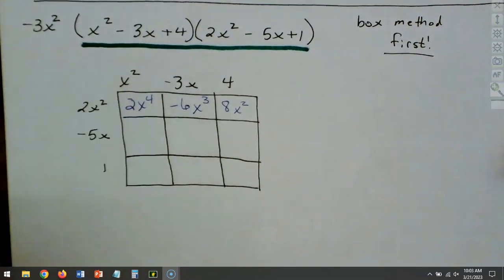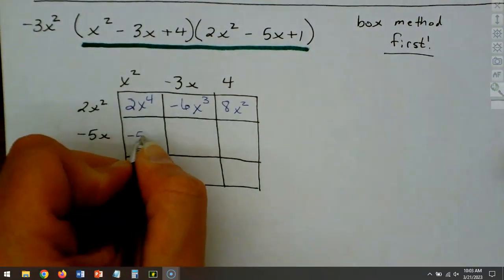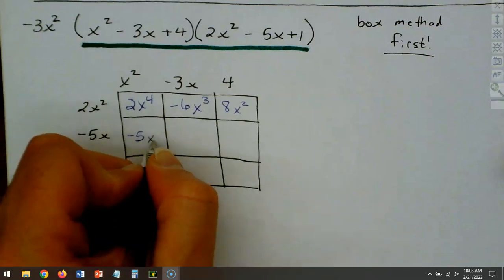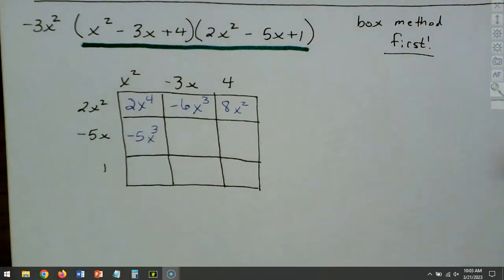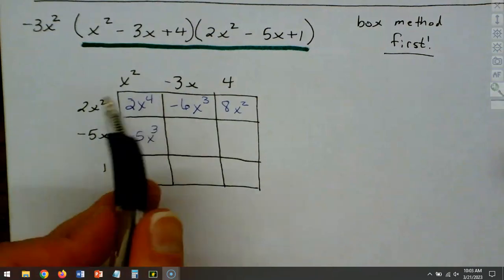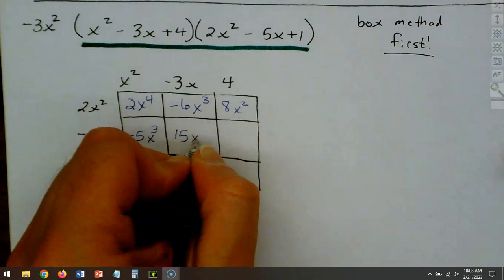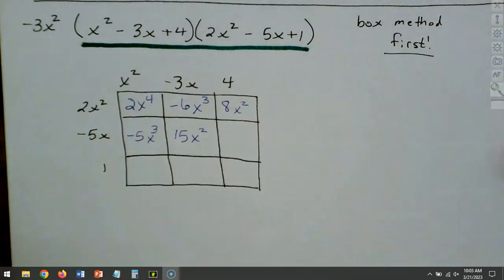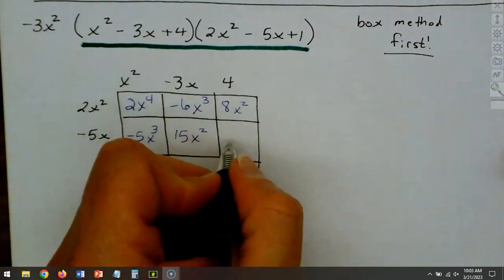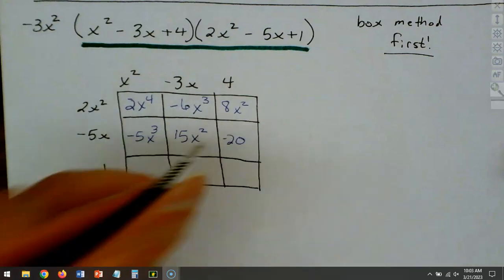Minus 5x times an x squared, that makes it a minus 5, x cubed. Negative and negative makes it a positive. X and x makes it an x squared there. Minus 5 times 4, that makes it a minus 20x.